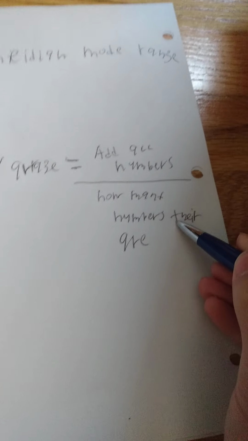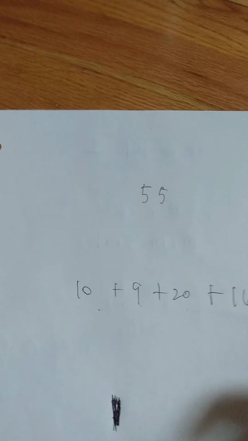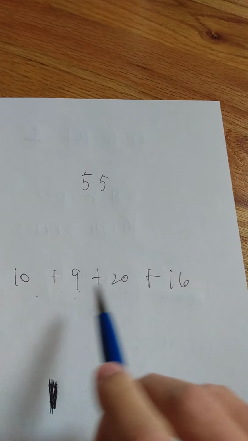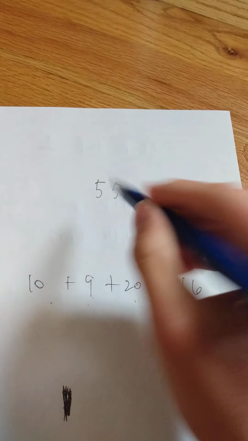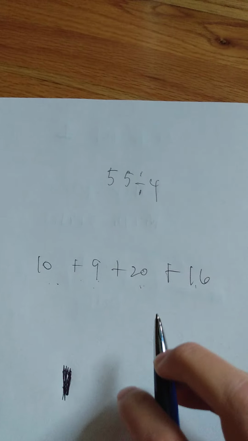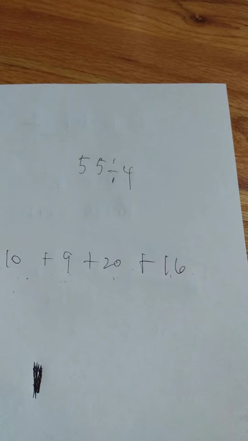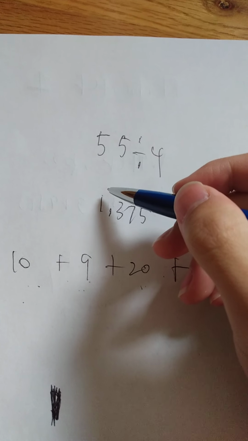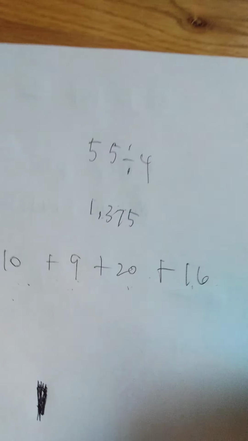But we're not done yet, because we have to divide by how many numbers there are. So we must divide by 1, 2, 3, 4. 55 divided by 4, because there are 4 numbers, equals 13.75.